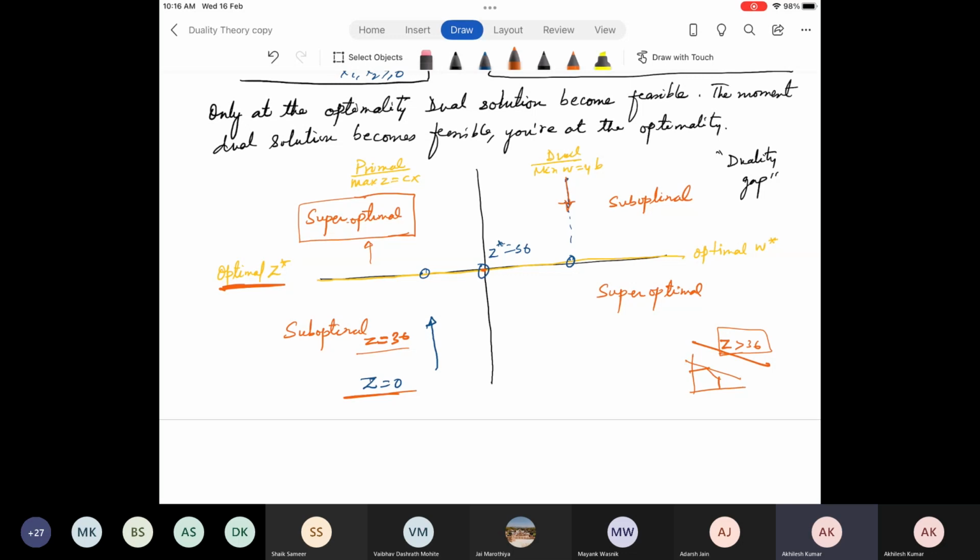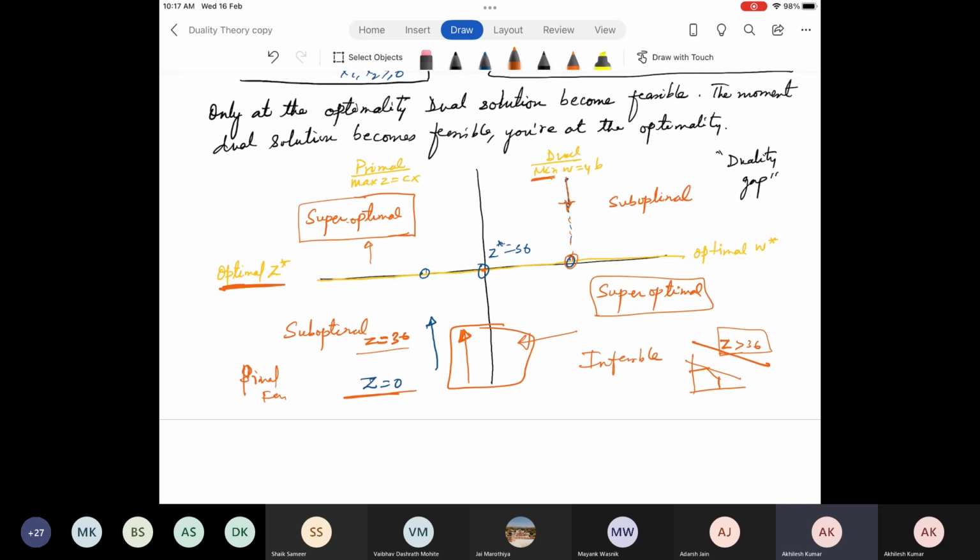Similarly, when you try to solve the dual, it is a minimization. So it will start with a large value and try to come down to a smaller value. So when you maintain primal feasibility in this region, correspondingly it will be superoptimal here, so the dual will become infeasible.